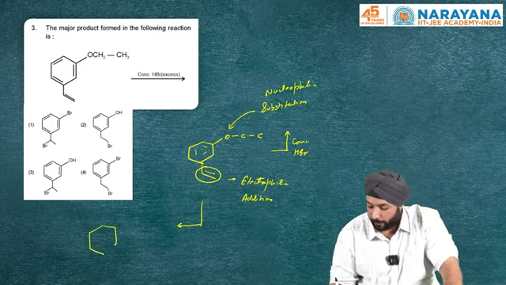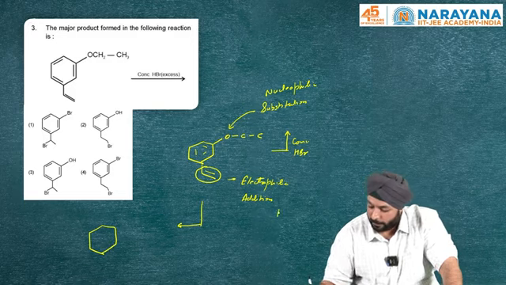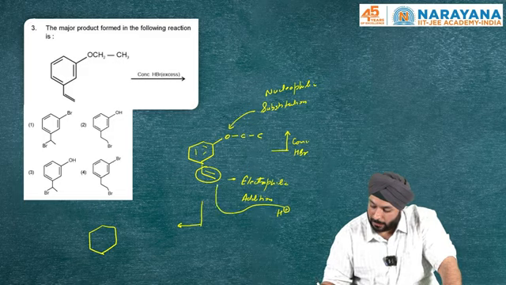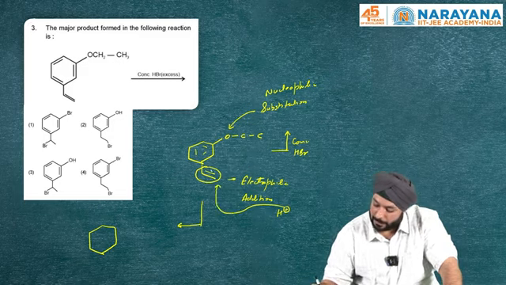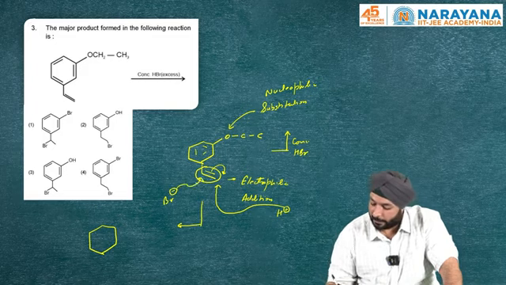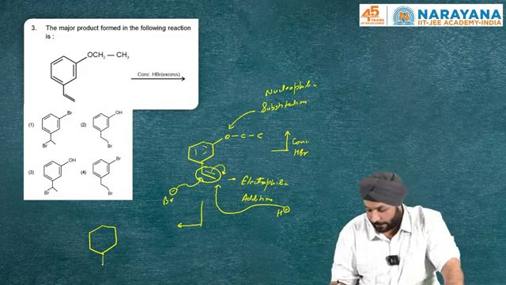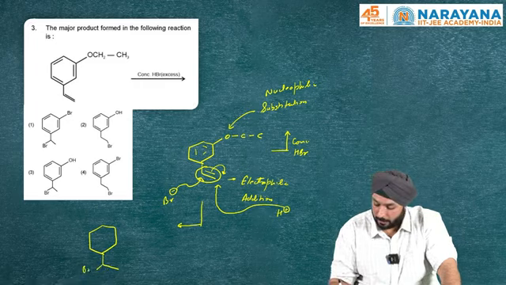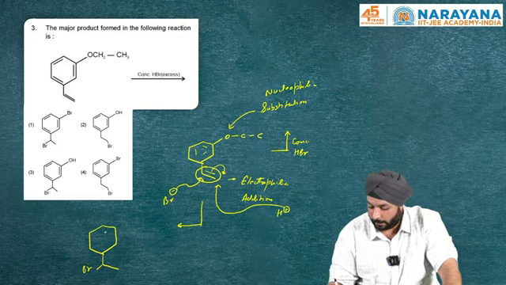By electrophilic addition reaction, first H plus will attack this molecule and results in the formation of a stable carbocation. On that stable carbocation, the nucleophile will attack and addition reaction takes place. It is a Markovnikov addition. This product will form.